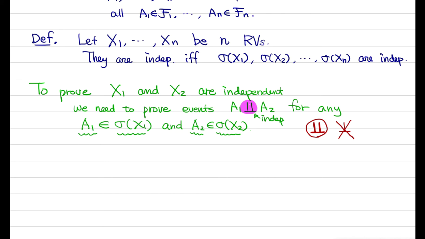So it looks like we have to check for all the sets, all the events A1 and A2 within the sigma algebra. But as in most cases before, we don't have to check all the events in the sigma algebra. We only have to check all the events that form the pi subsystem of the sigma algebra.